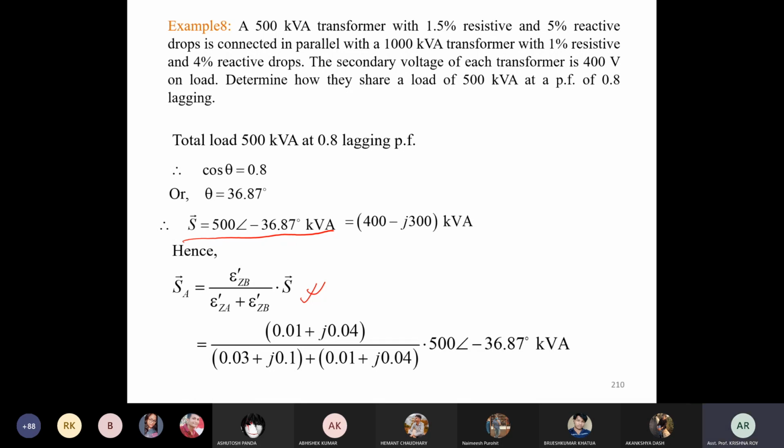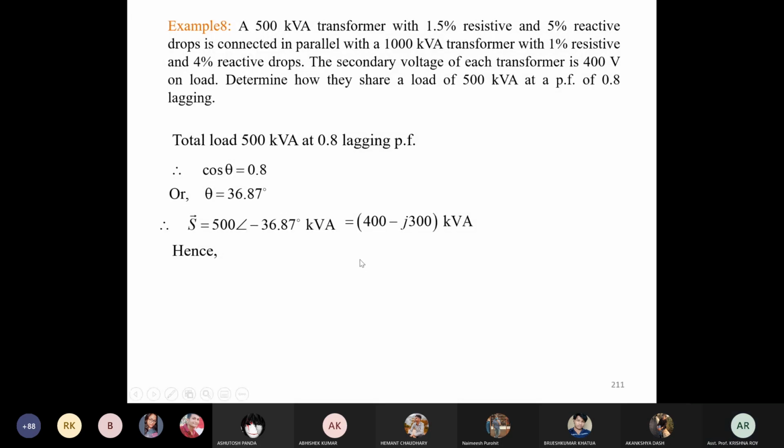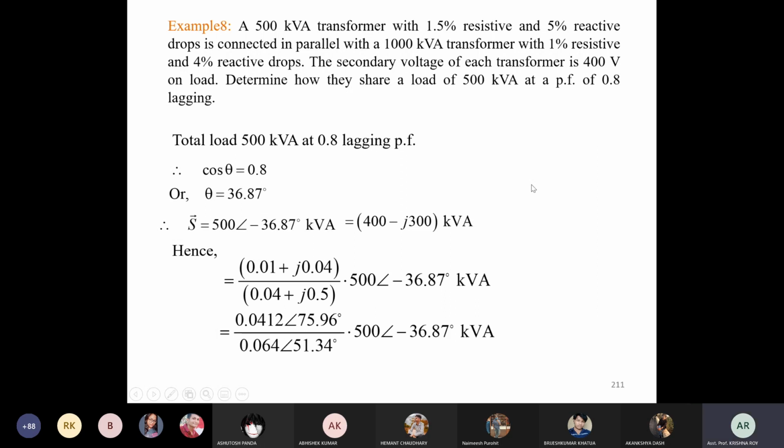So if we calculate this, we will get this, which is equal to 321.88 angle minus 12.25 degree kVA. So this is the load shared by transformer A, this much kVA.